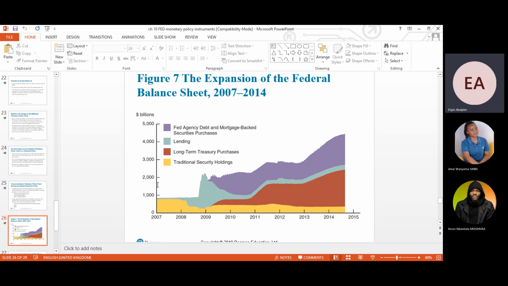As you see, this period from 2008 to 2014 affected and changed the whole system, the whole financial securities in the market.